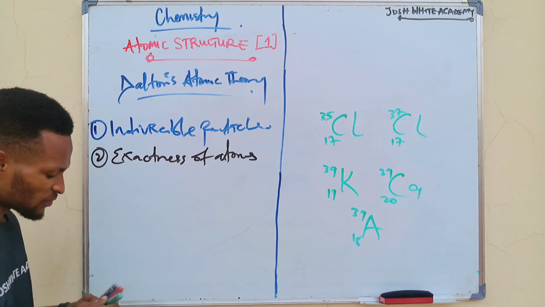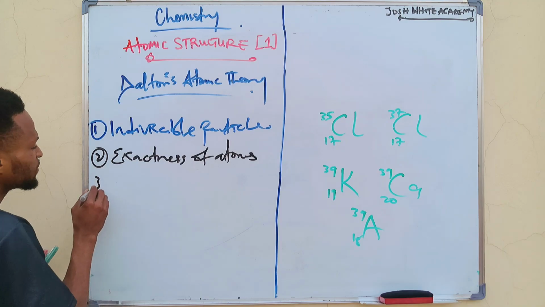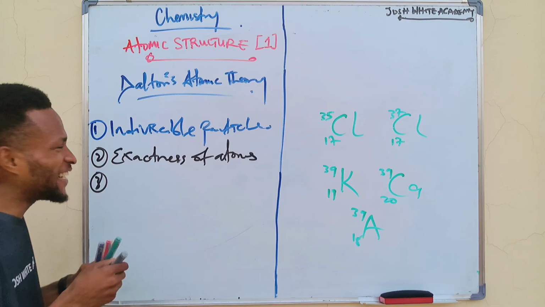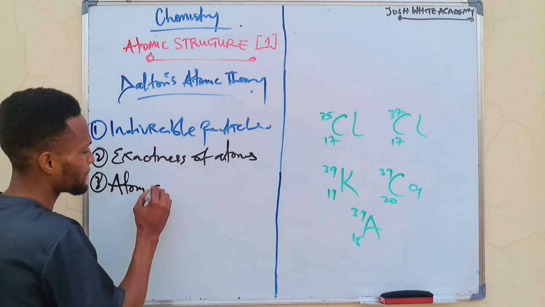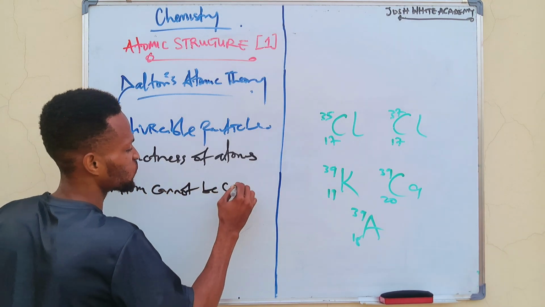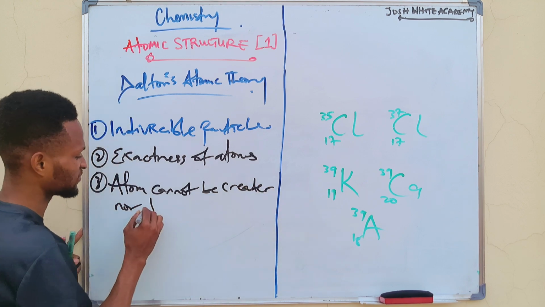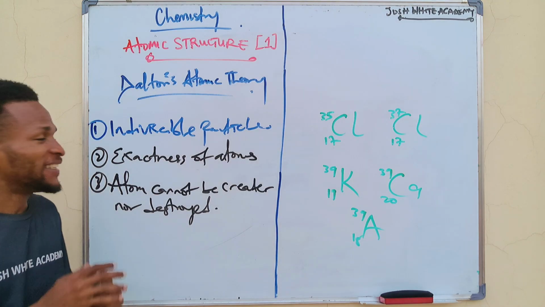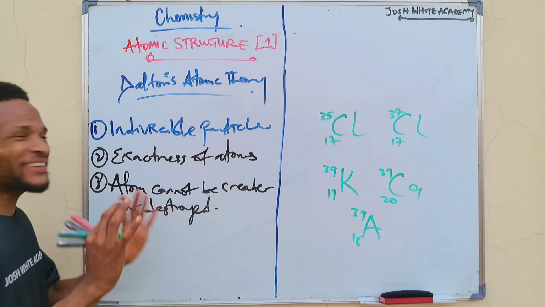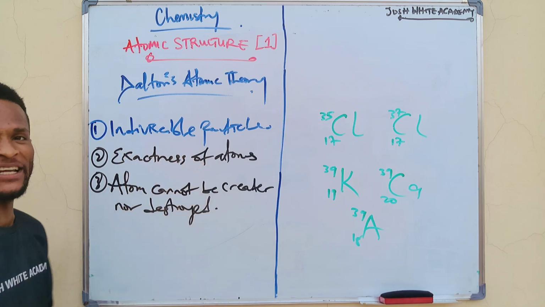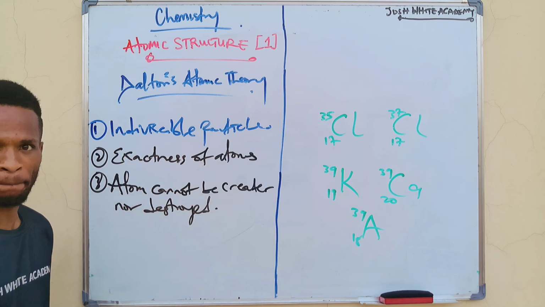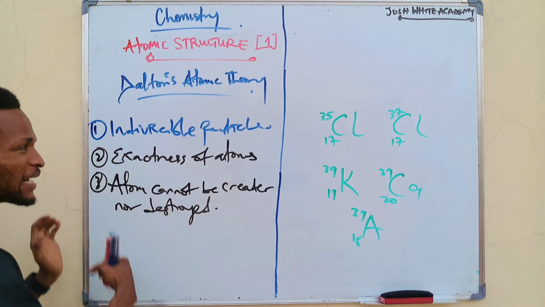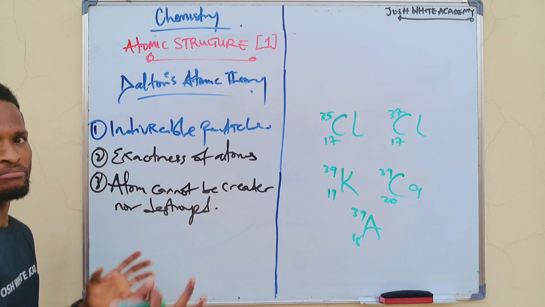Thirdly, he stated that atoms can neither be created nor destroyed. This still holds true in ordinary chemical reactions, as explained by conservation of mass: the before and the after still remain the same, the reactants and the products still remain the same in mass.